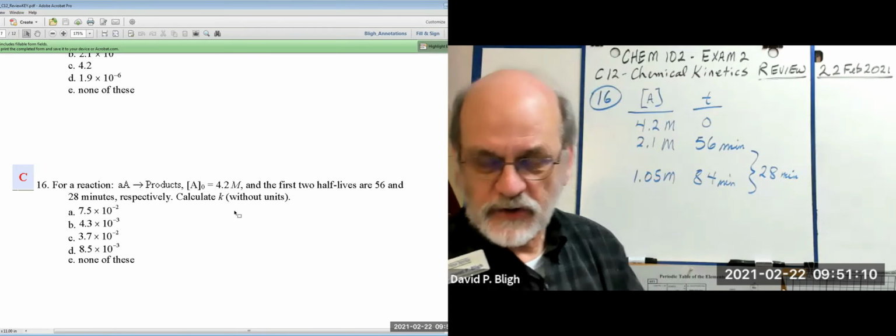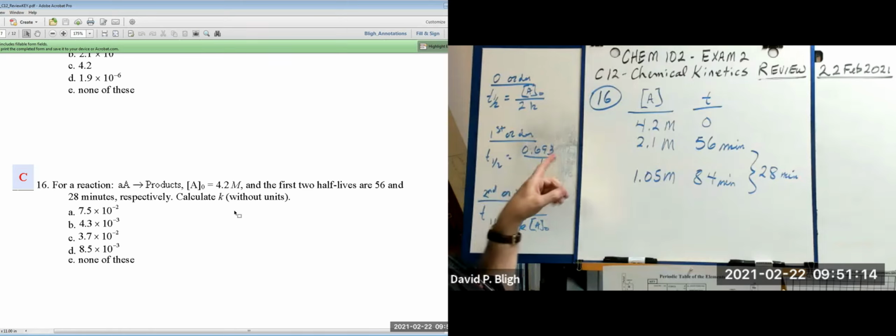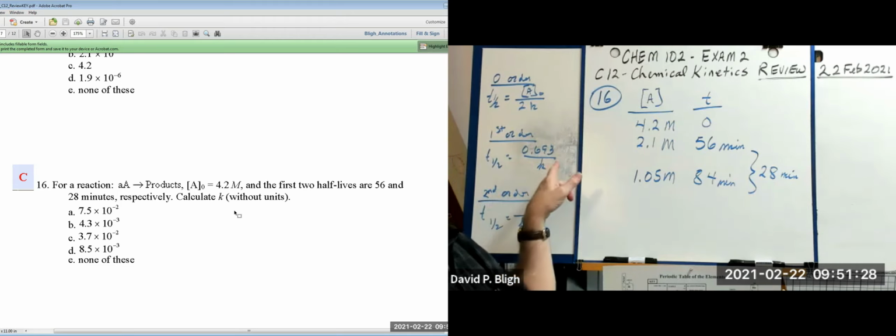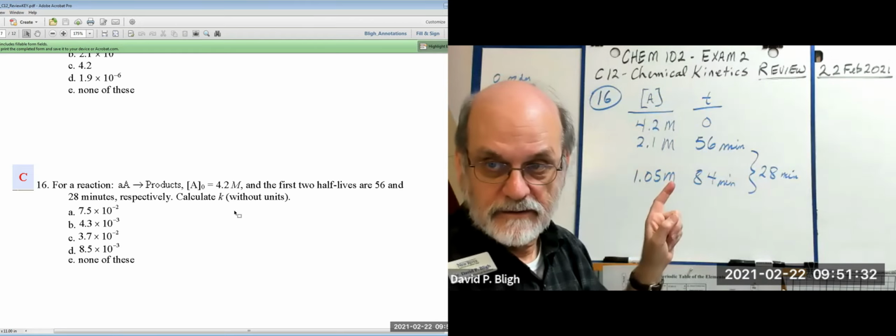Would it be possible to eliminate one of these? Notice this one's proportional to A0, or the inverse of A0. This one, it doesn't matter. The half-life does not change with concentration.